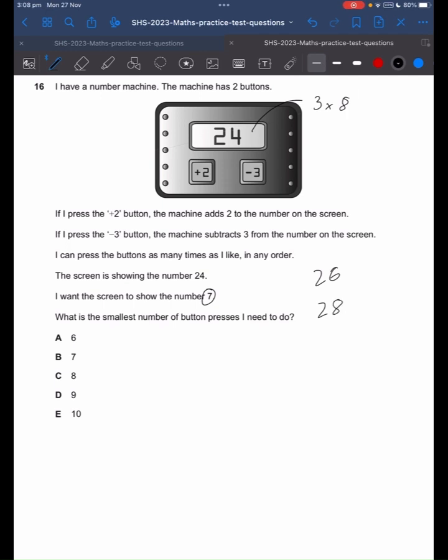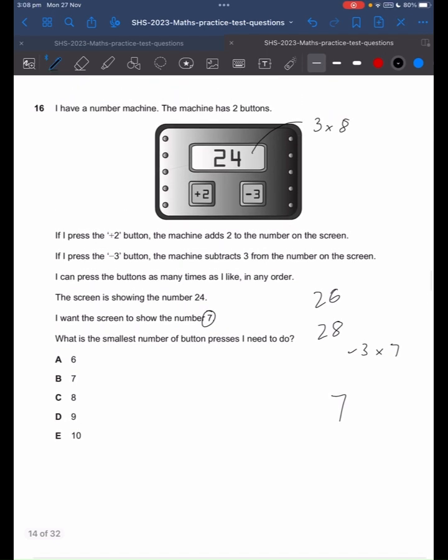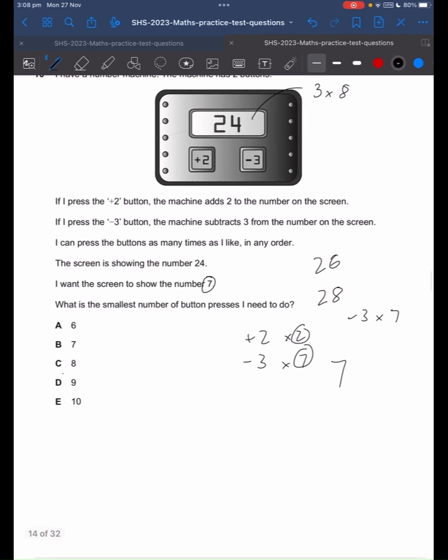Take away 3 multiple times, in this case 7 times, minus 3 times 7, that gives us 7, which is exactly what we want. Then we count the number of times we press the buttons, so we press plus 2 2 times, and we press minus 3 7 times. So altogether we press the button 9 times, which is D.